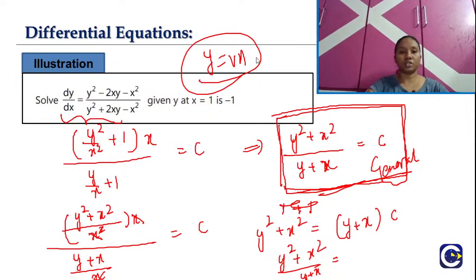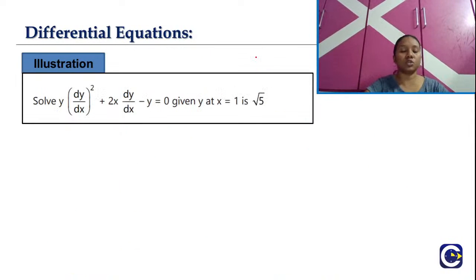So let's do one more question. It's somewhat different from our regular way of solving the differential equation that is homogeneous. So let's have a look over the given differential equation and try and identify how can we start this question here.